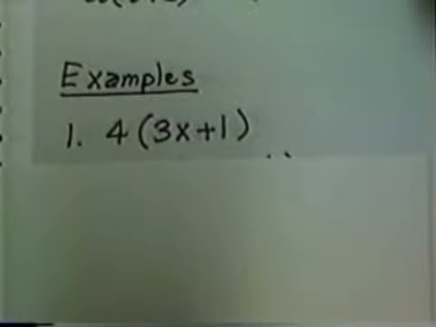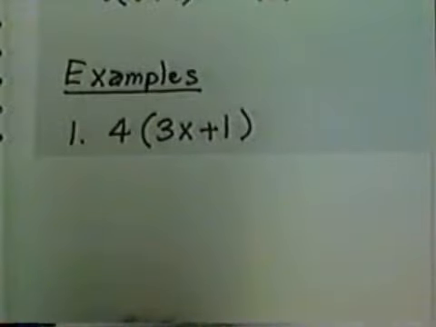Let's take a look at some examples using the distributive property. Our first example is 4 times the expression 3x plus 1.